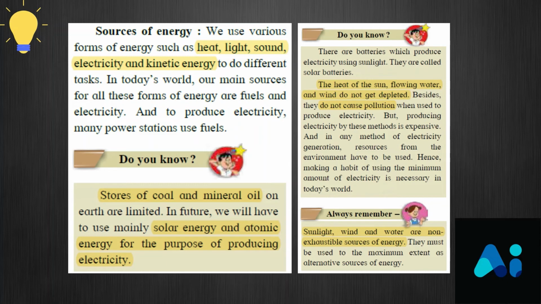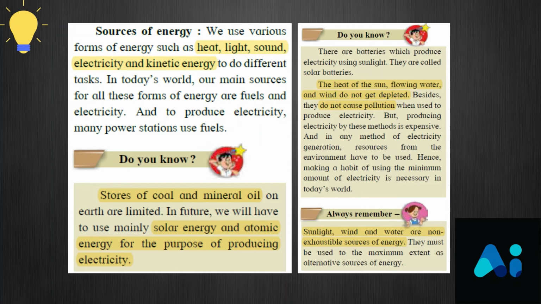But now here is the interesting thing. There are some sources which are non-exhaustible. For example, sunlight or wind or water. These are considered non-exhaustible because they are abundantly available or infinitely available, right? So they are non-exhaustible sources of energy.